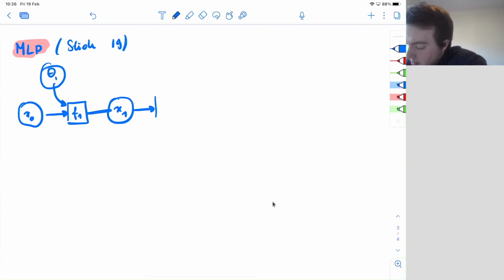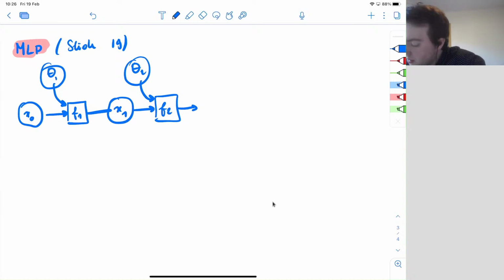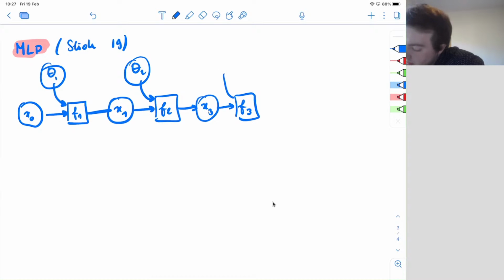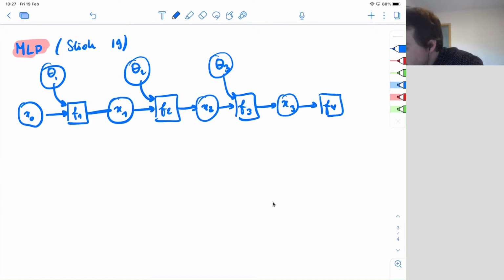Then let's say this is fed to a second function, f2, that also takes some parameters, theta 2, and produces x2. f3 then produces x3, which is fed to f4, right?